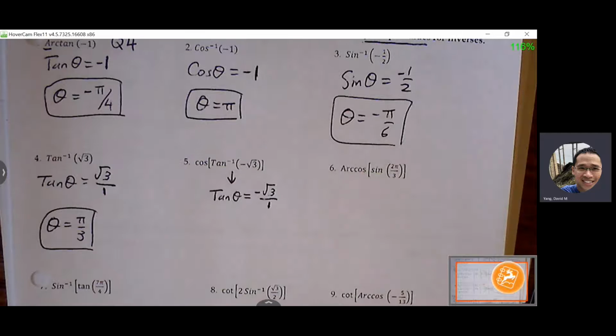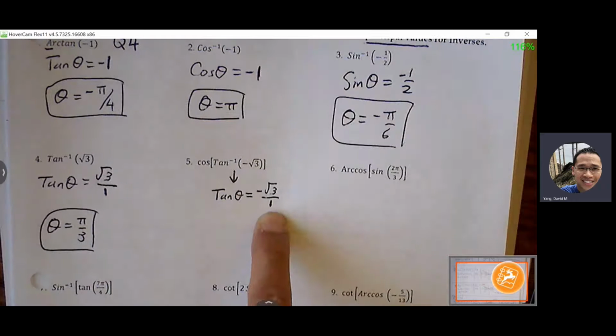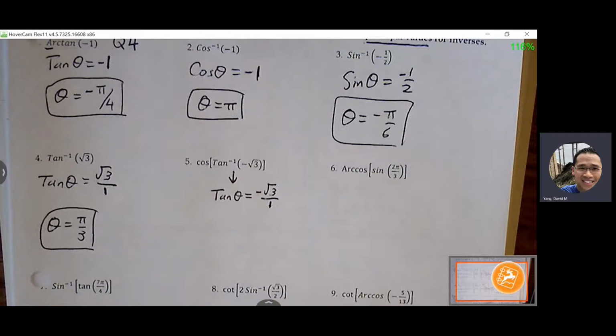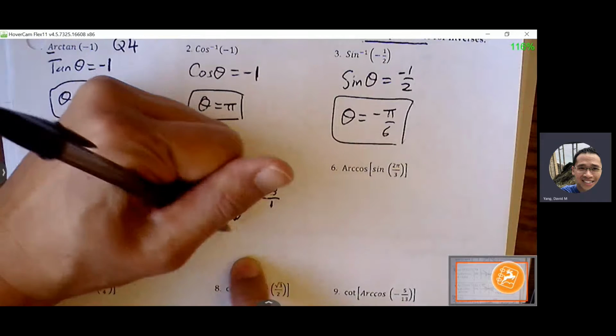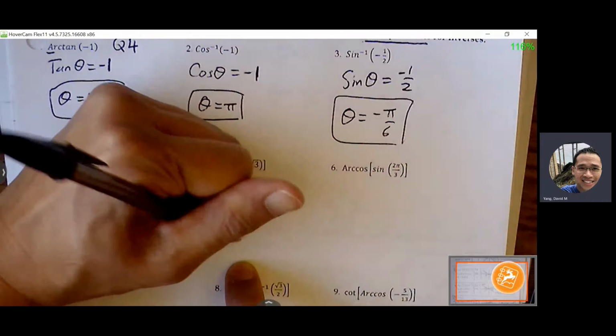We're dealing with fourth quadrant, principal values. So tangent equal to negative root 3 is negative pi over 3. We can't say 5 pi over 3, we have to say negative pi over 3. So now that we have negative pi over 3.